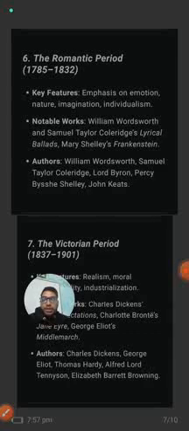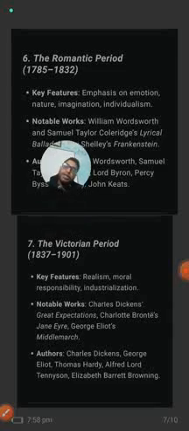We will learn later, in the next videos, the details about William Wordsworth, his contribution, how many works he gave, and how many contributions were given by S.T. Coleridge. We will see them one by one. The famous authors of the Romantic period are William Wordsworth, Samuel Taylor Coleridge, Lord Byron, P.B. Shelley, John Keats.